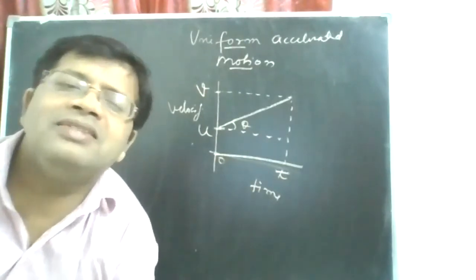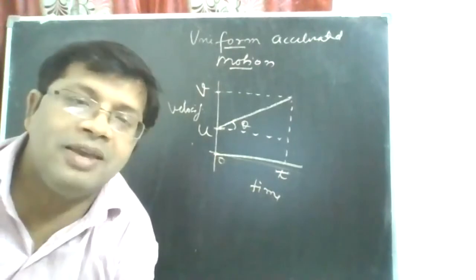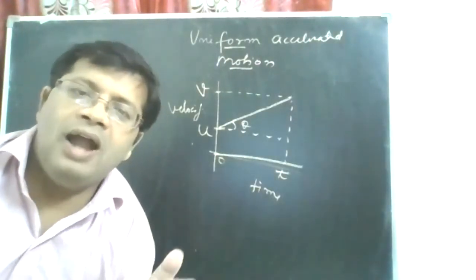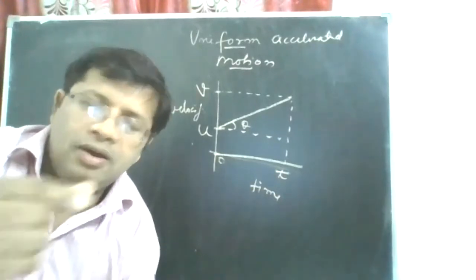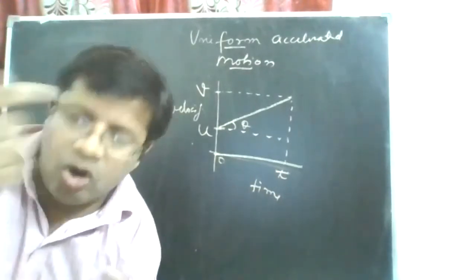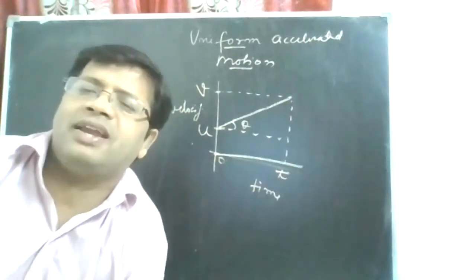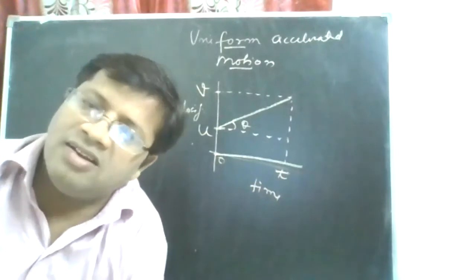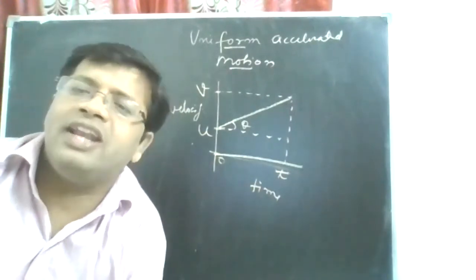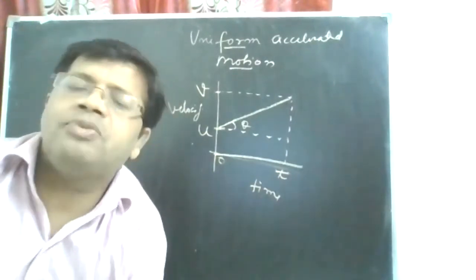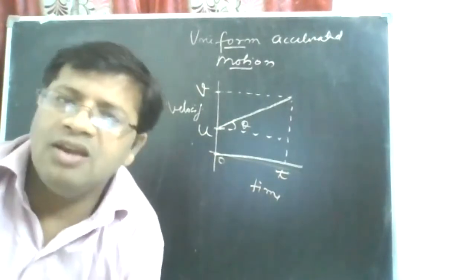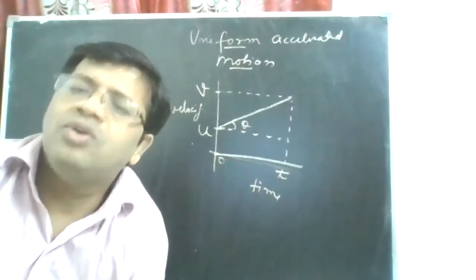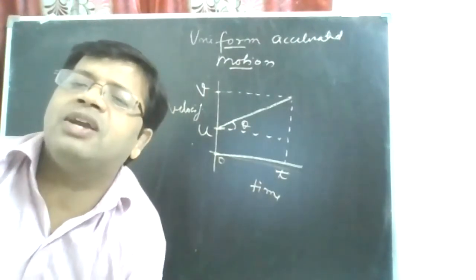We can give an example. If you are riding a car and you start from rest or from 5 meters per second, after 1 second the speed of the car becomes 10. After 2 seconds, it becomes 15. After 3 seconds, 20. After 4 seconds, 25. After 5 seconds, 30.